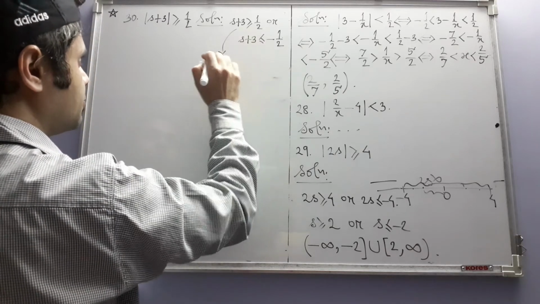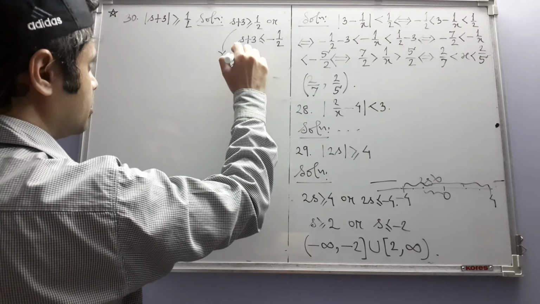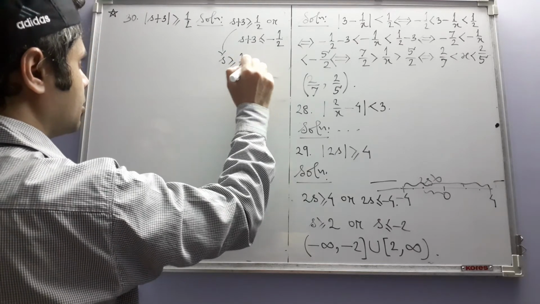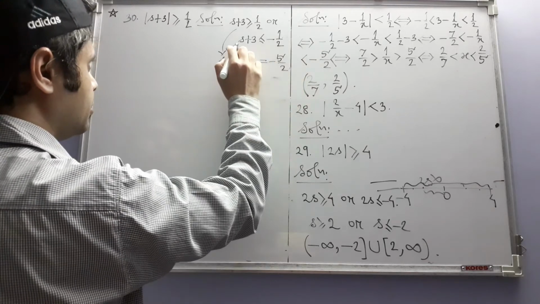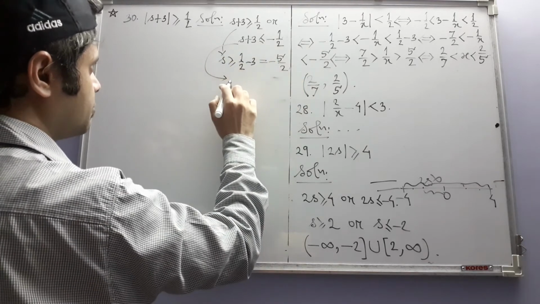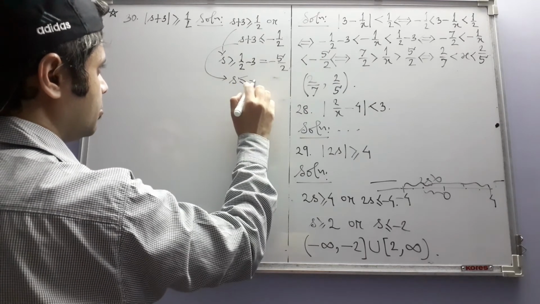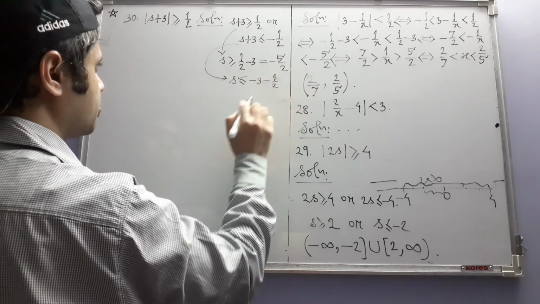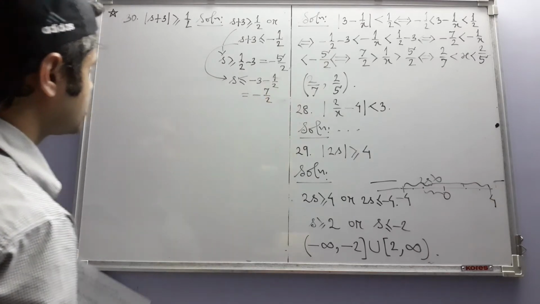So this one gives us what? s is greater than or equal to 1 by 2 minus 3, that is minus 5 by 2. Whereas this one gives us s is less than or equal to minus 3 minus 1 by 2, which is minus 7 by 2.